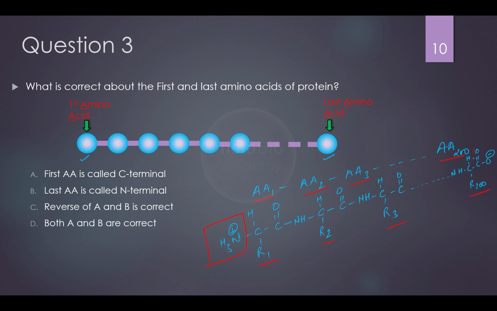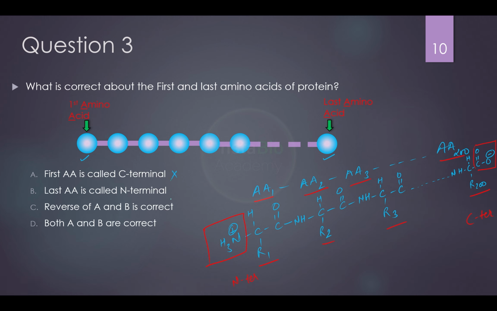And at the very end, the carboxylate group is free, which is the reason why the first amino acid is called N-terminal and the last amino acid is called C-terminal, right?